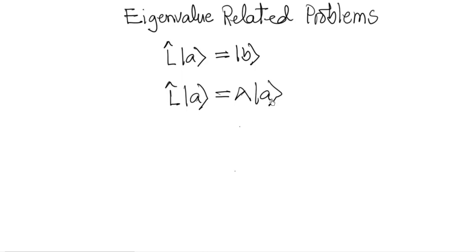Where lambda is a scalar, the vectors which satisfy this equation are called the eigenvectors of the operator capital L. The scalar number lambda is called the eigenvalue of the operator L, and the vector ket A is called the eigenvector. This equation is known as an eigenvalue equation.